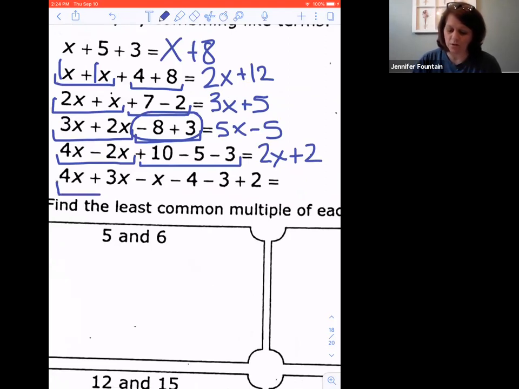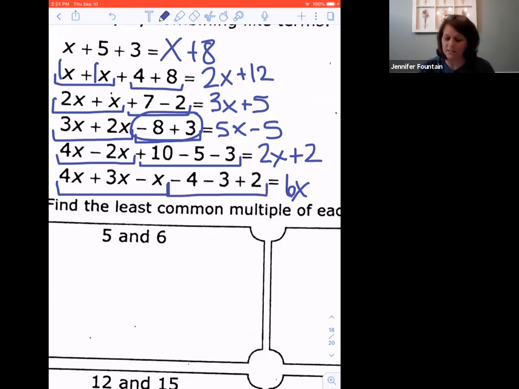Then here, I have 4x plus 3x minus x. So 4x plus 3x is going to be 7x, and 7x minus x will be 6x. Okay? And then I have -4 minus 3 plus 2.